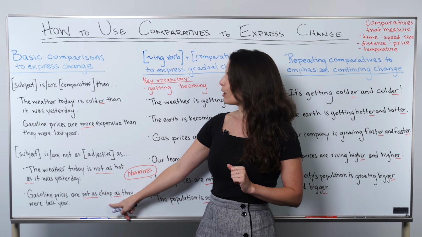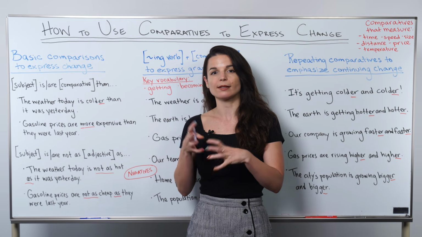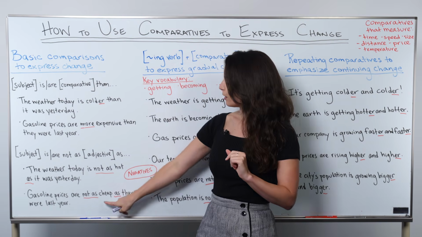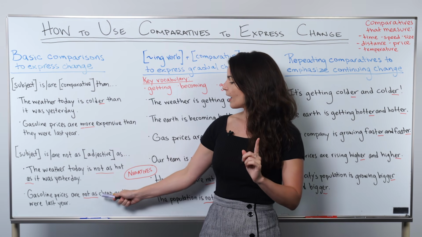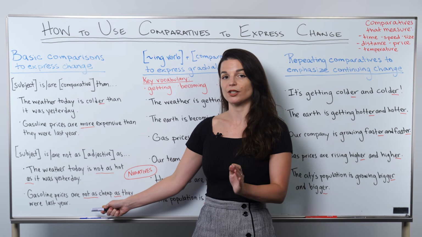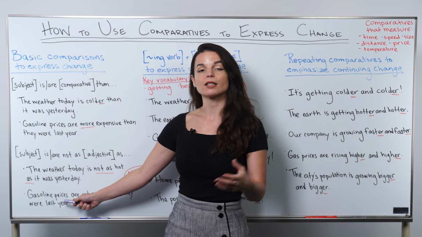Okay, let's look at one more negative example and then we'll move to how we can use this as kind of the base for expressing gradual change. So our last basic example, gasoline prices are not as cheap as they were last year. Again, we have are here because the subject is plural.